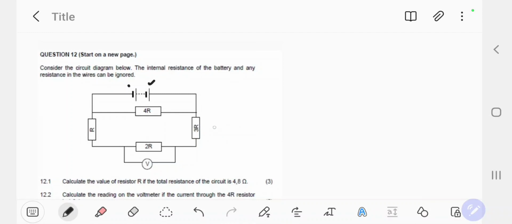And in a parallel circuit, we know that it basically reduces the resistance.